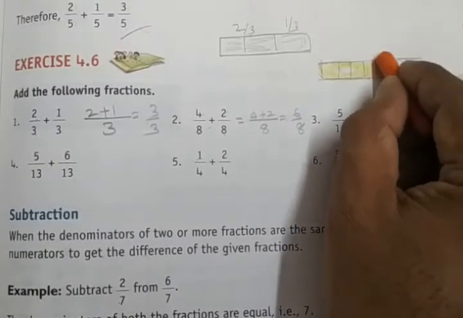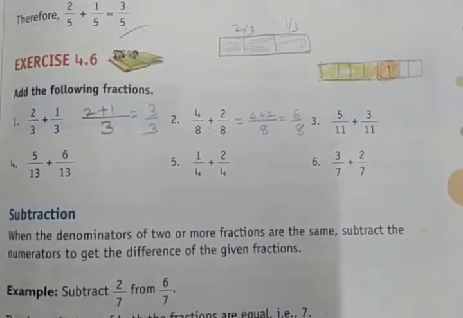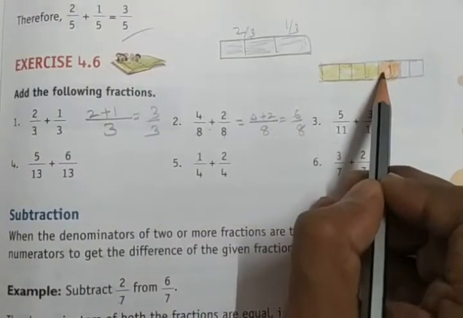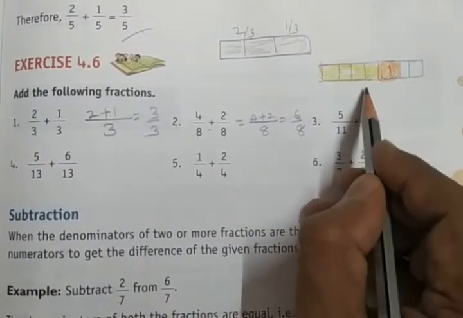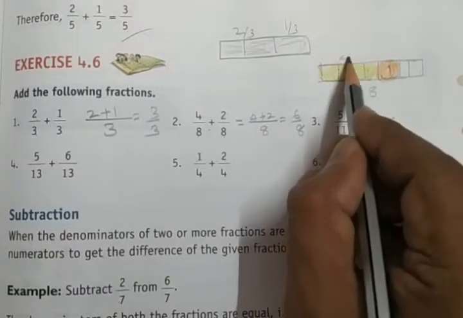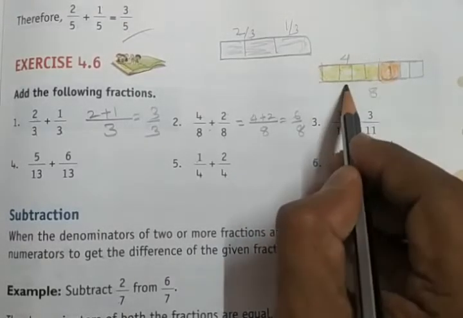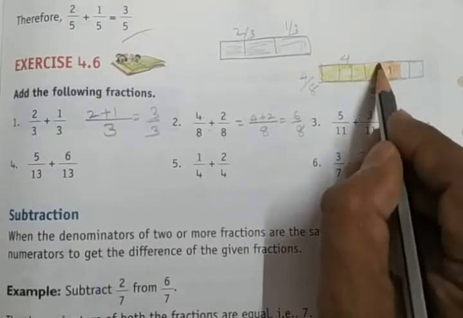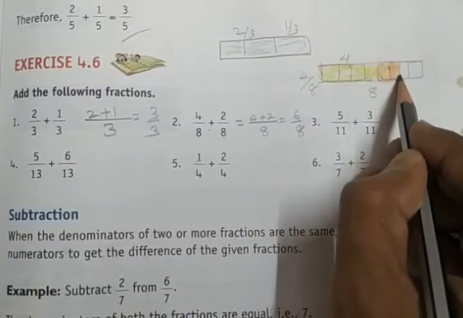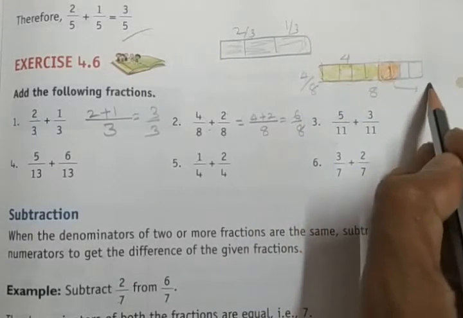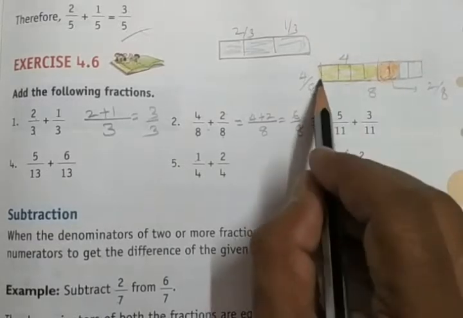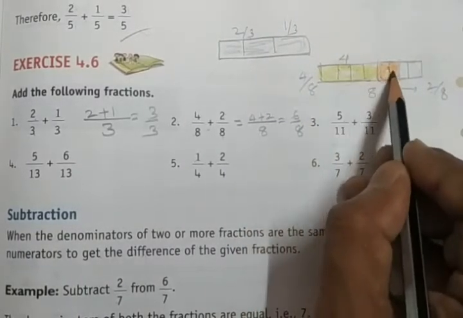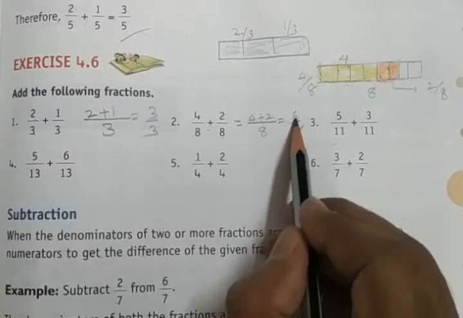So initially the shaded part was 4 by 8. 1, 2, 3, 4, 5, 6, 7, 8. Out of 8, 4 parts were shaded. So this portion is written as 4 by 8. Then again 2 parts are shaded. This can be written as 2 by 8. So if you add 4 by 8 plus 2 by 8, 1, 2, 3, 4, 5, 6 parts. So the answer is 6 by 8.